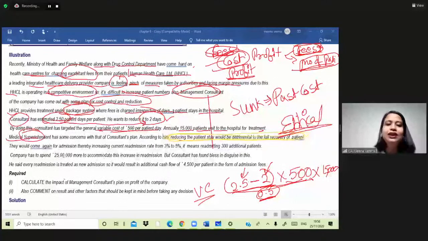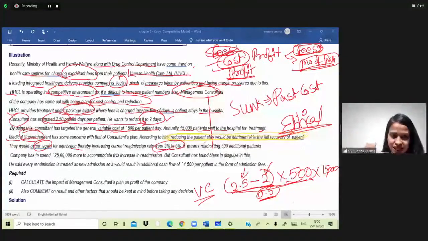You are sending the patient home without full recovery, so they would come again. Now they are saying that since the patient is not fully recovered, he will come again to the hospital for admission, and the rate is 3 to 5%. That means there is a probability that 3 to 5% of patients will come again to the hospital.